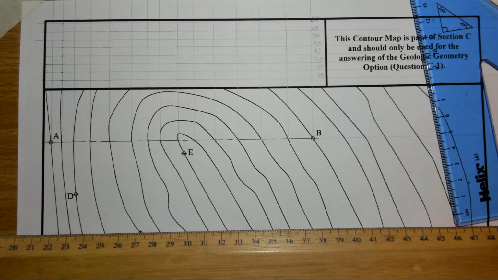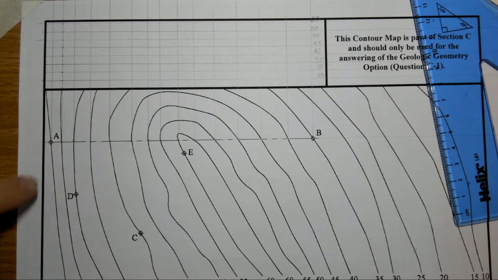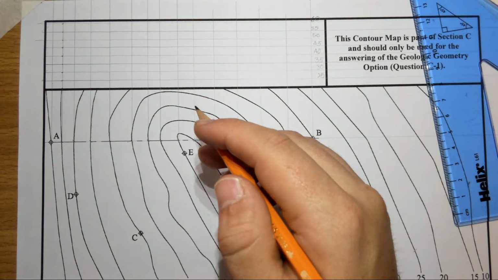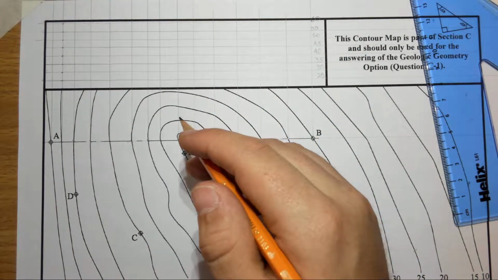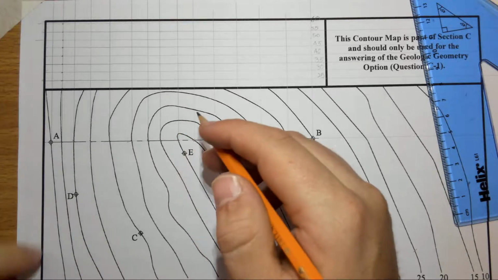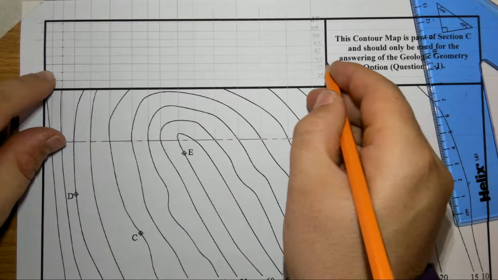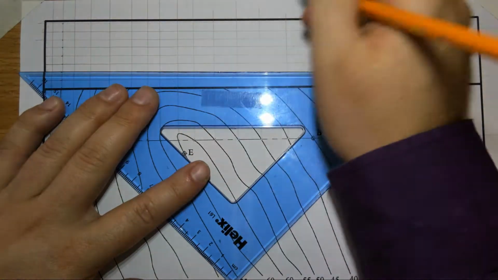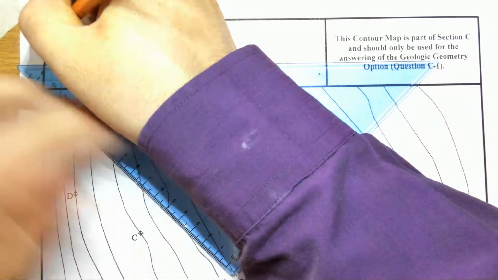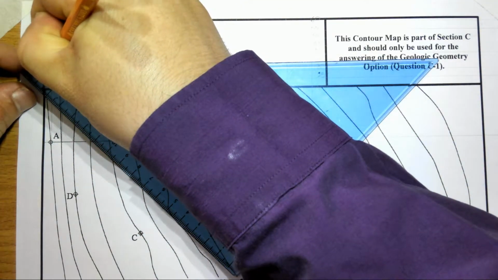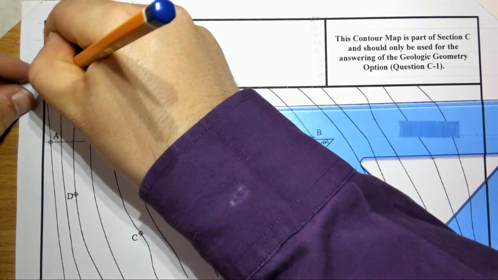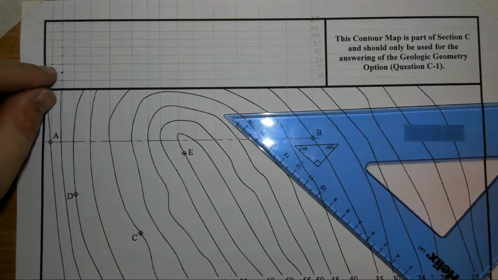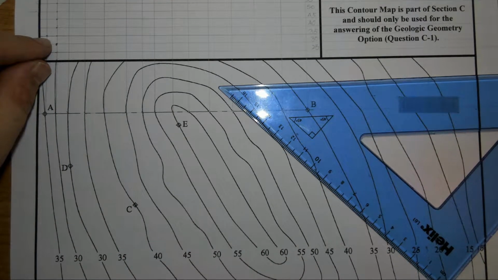Okay, so I've done that now. Where 35 hits contour line 35, we're going to mark that in. Where 30 hits the point brought up from contour 30, you might be struggling to see that.